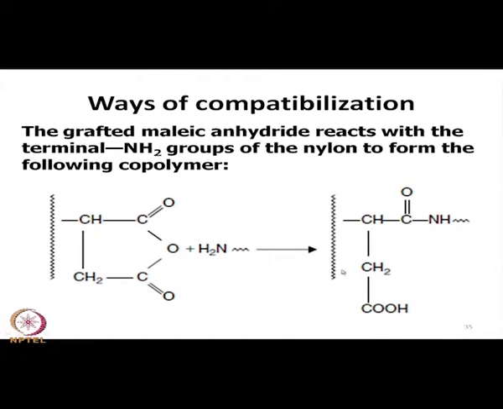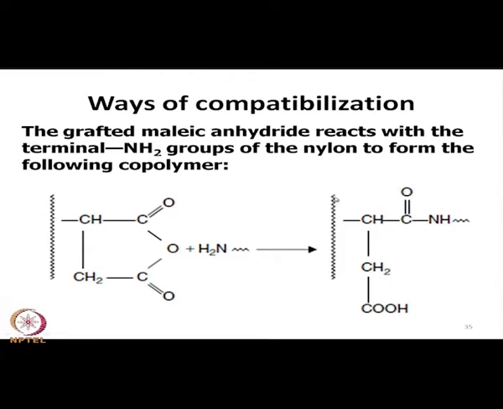So, you can say this is a kind of reactive compatibilization, and many people have tried with different systems and they have found that such compatibilization through reactive blending gives excellent results of compatibility and improvement in properties of the polyblend.